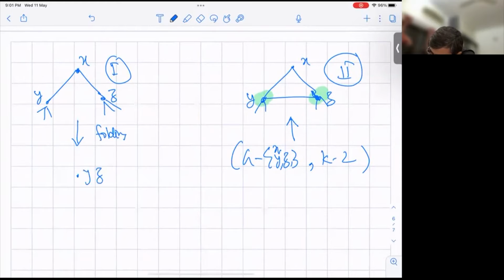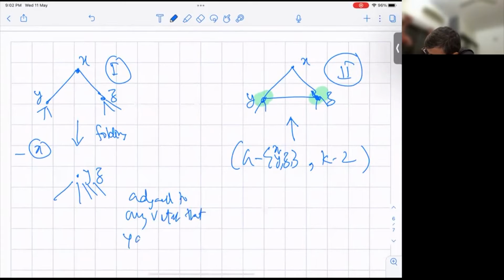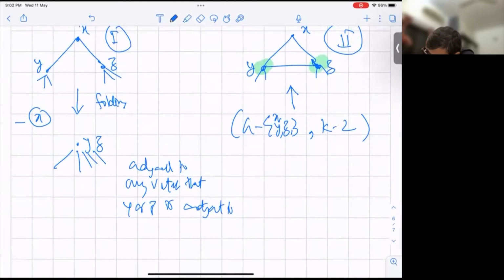You deleted X, right? You made YZ adjacent to any vertex that Y or Z is adjacent to. And what else did we do here? We got this graph G prime and we dropped K to K minus 1.